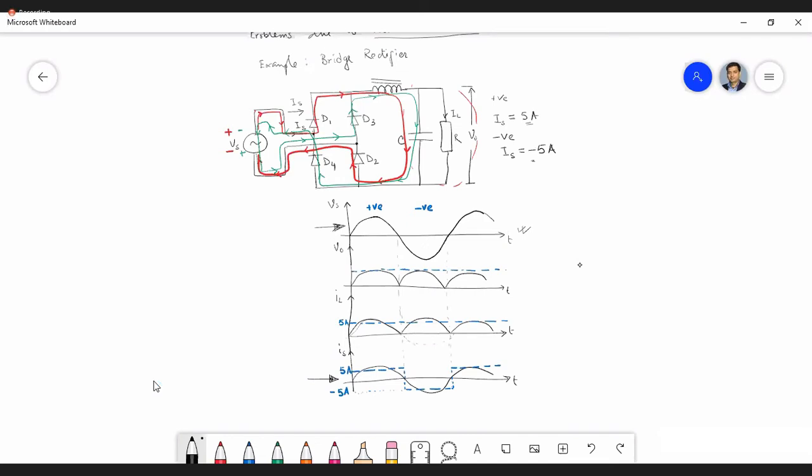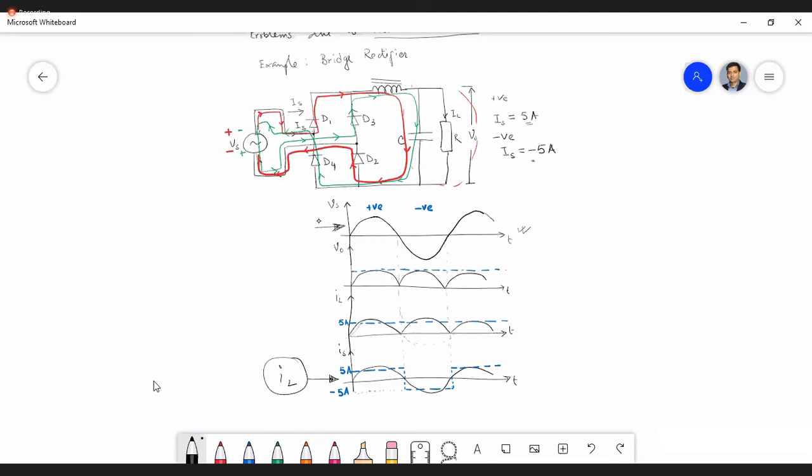The source current waveform depends on the load current, not on the supply voltage. So the load current determines the source current.